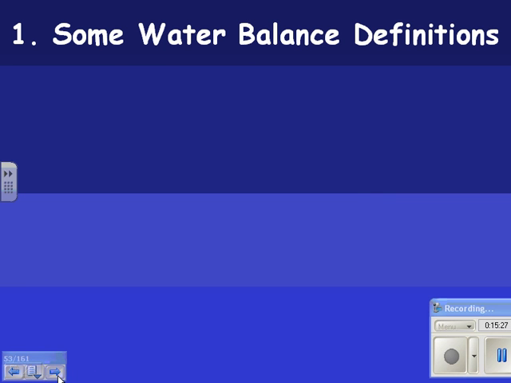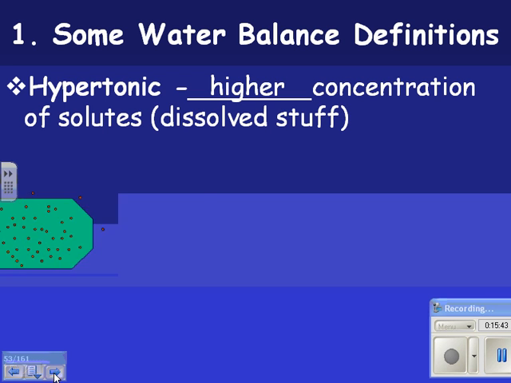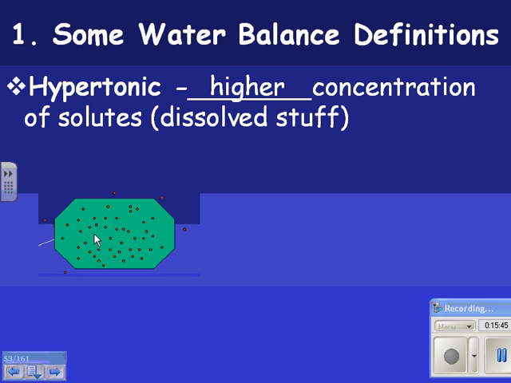Okay, some basic water balance definitions. So these are just a few definitions. Hypertonic. If you have a hyperactive kid, that means they're more active than usual. So hypertonic means above. So you have a higher concentration of, and we base it on solutes, the dissolved stuff. So you would have lots of dissolved stuff here.